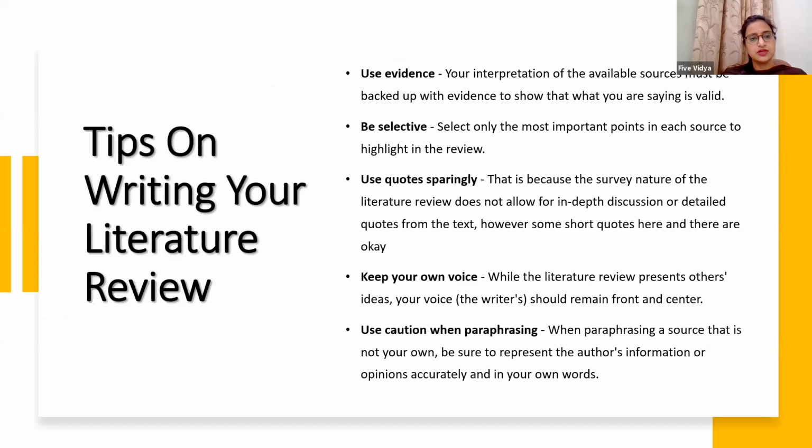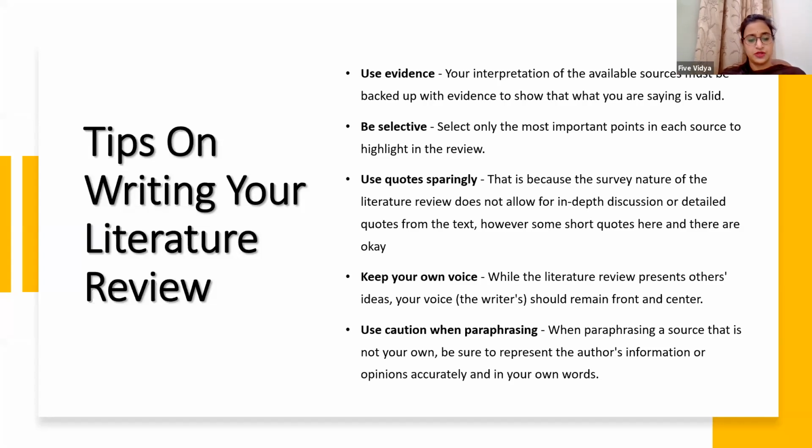So here are some quick tips on how you can write your literature review. The first point is you need to use evidence. Whatever information or knowledge you take from a particular reference, when you write it in your own research, you need to cite it as well.